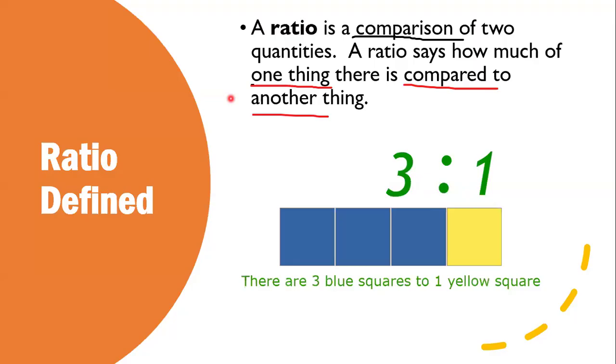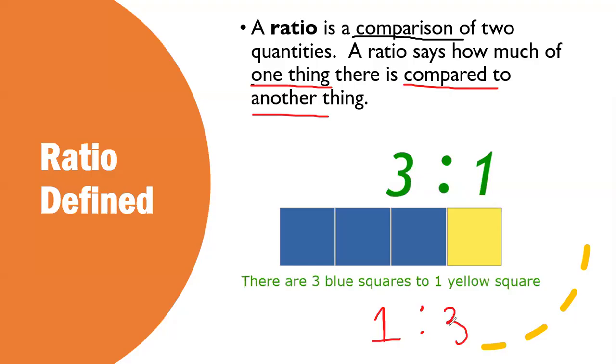So this is saying 3 to 1. What does that mean? This means that there are 3 blue squares to 1 yellow square. Now, what if I change it to 1 to 3? Does this say the same thing or something different? It's different. It means there's one blue square and 3 yellow squares.